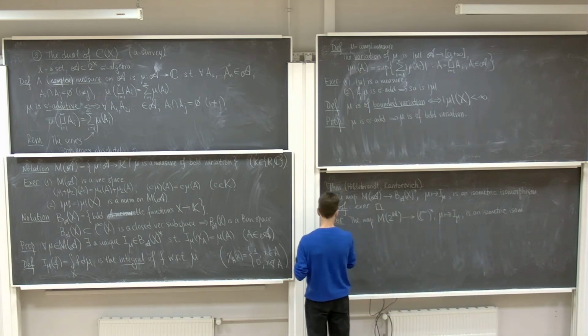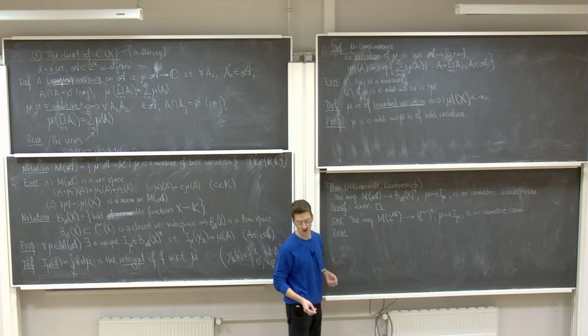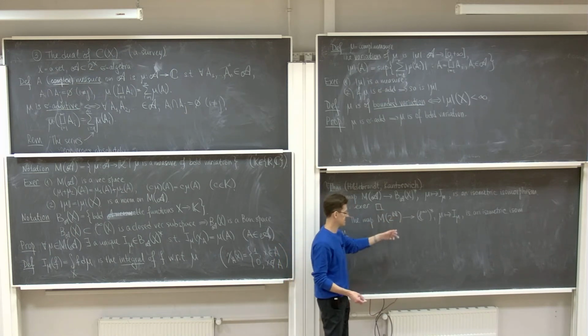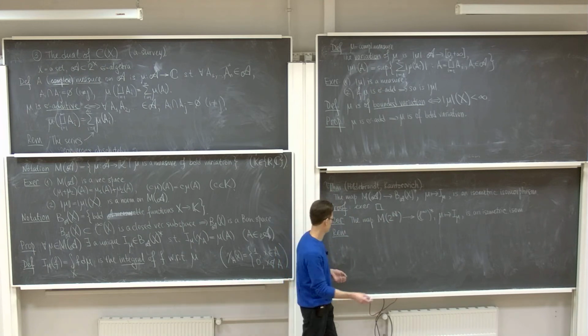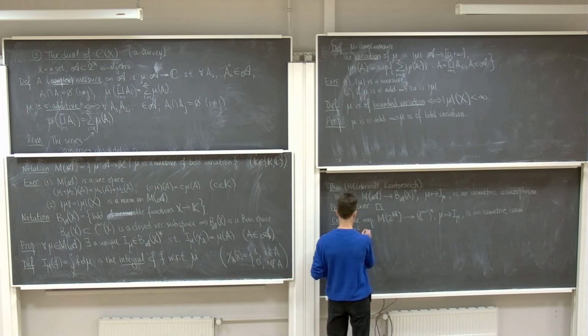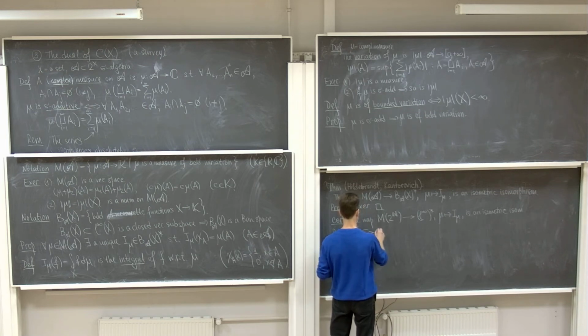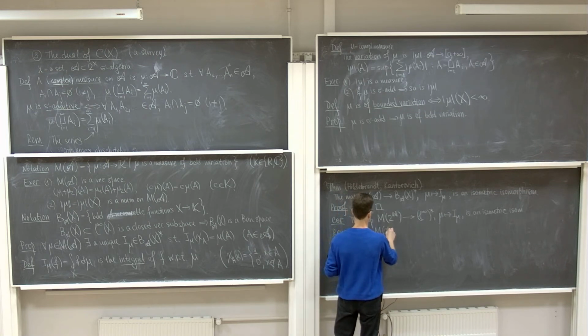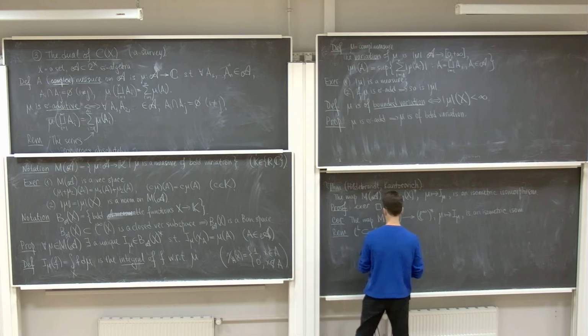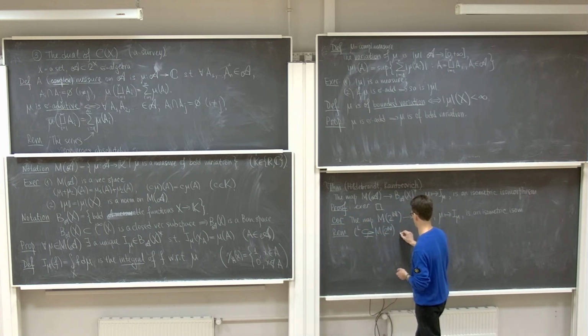By the way, if we ask about sigma additive measures, the space of sigma additive measures on the sigma algebra is identified with little L1. So L1 becomes a proper subspace of this space, identified with the subspace of sigma additive measures.